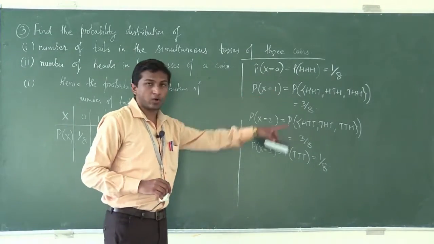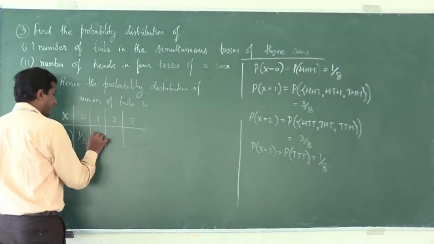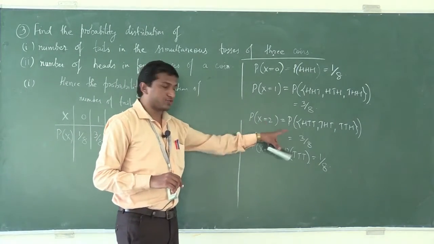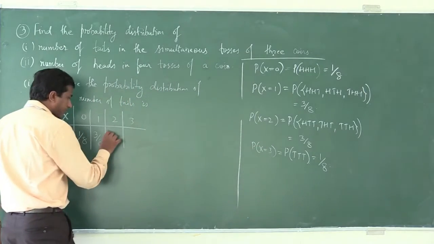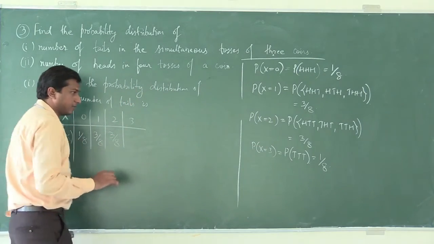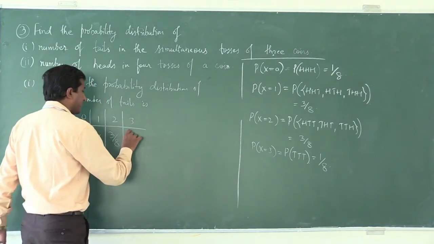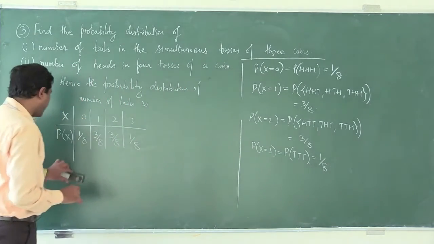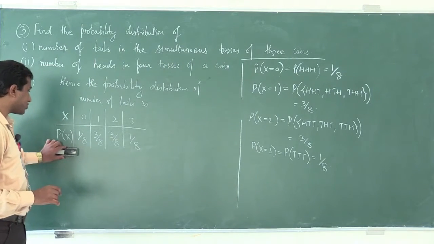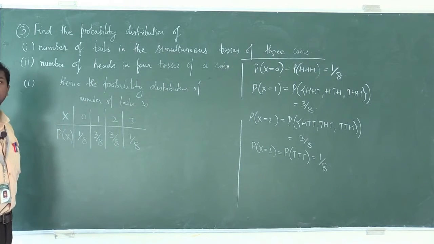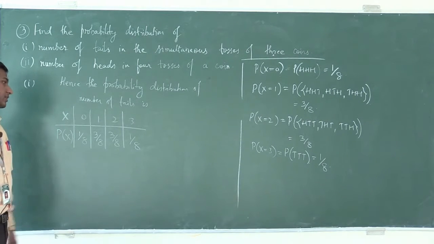The probability when x is 1 is 3 by 8. So we write here 3 by 8. The probability when x is 2 is again 3 by 8. So 3 by 8 here. And the probability when x is 3 is 1 by 8. So we have written the probability distribution of number of tails.